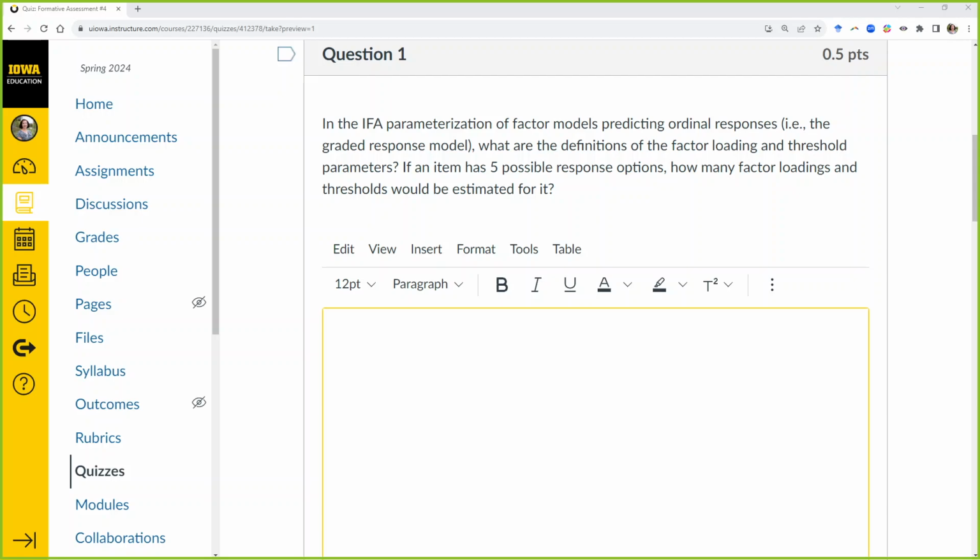Another answer here, factor loading refers to logit or probit change in the item for 1 unit change in the factor. Right, so I'd say the second response speaks more true to the definition of factor loading there. I think the first answer speaks more specifically to the graded response model. Can you speak a little bit more to what you mean by higher category? Or if anyone in class wants to speak more to higher category, because this seemed to be a common response on the solution.